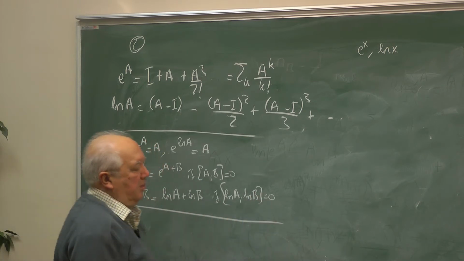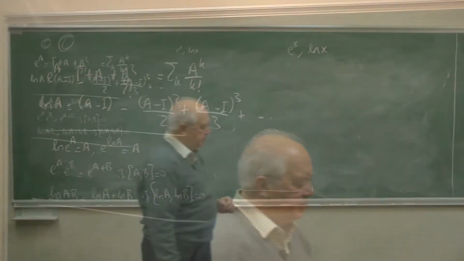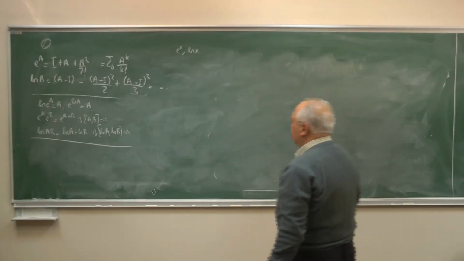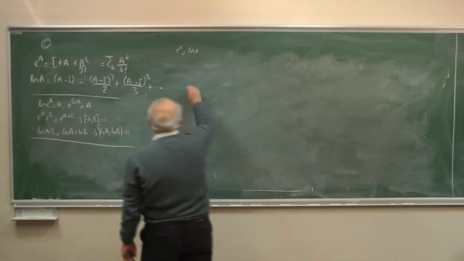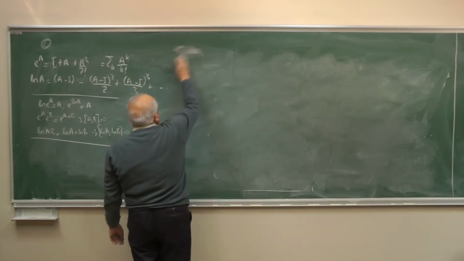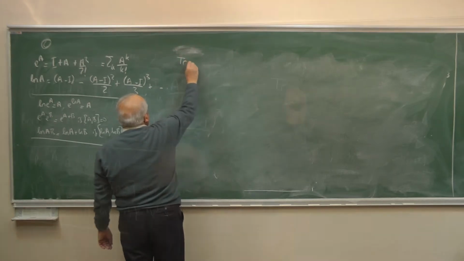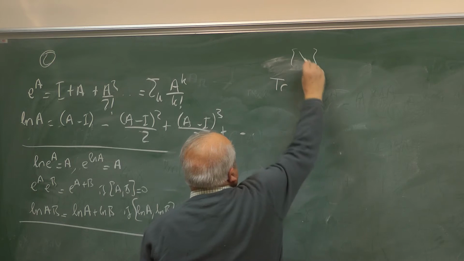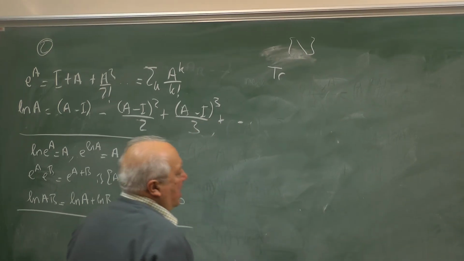Now, we shall discuss another important operation on a matrix. That's the trace. Trace of a matrix, we are taking a square matrix, is the sum of the diagonal elements.